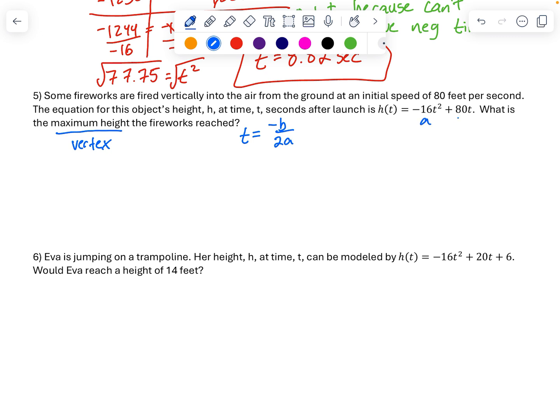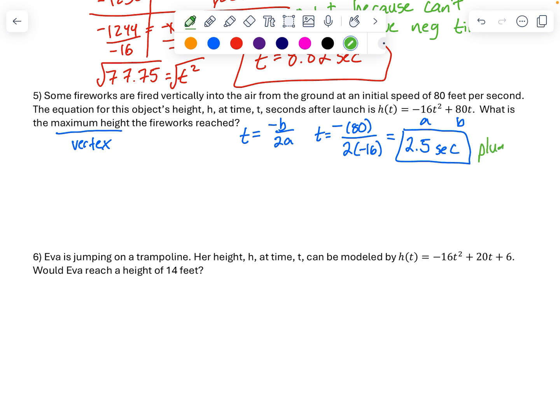So this is our a, our b. So the time would equal negative 80 over 2 times negative 16. When I type it into my calculator, I got 2.5 seconds. So that is how long it takes to reach the maximum height.